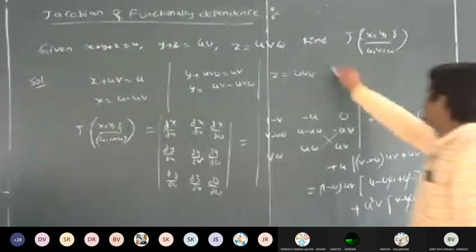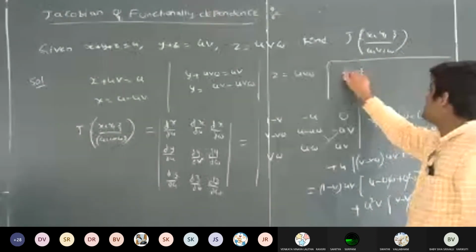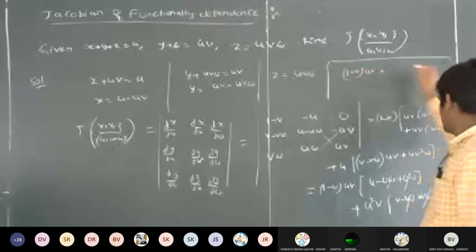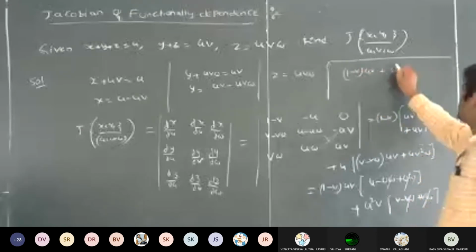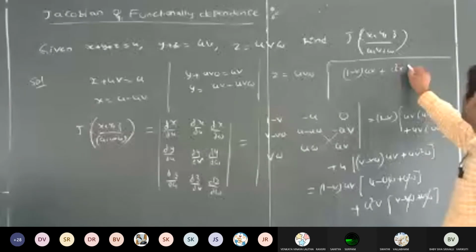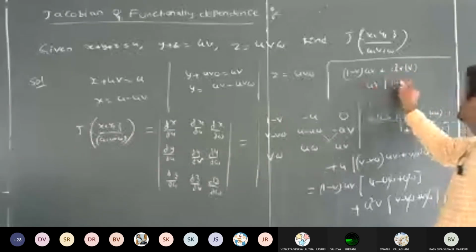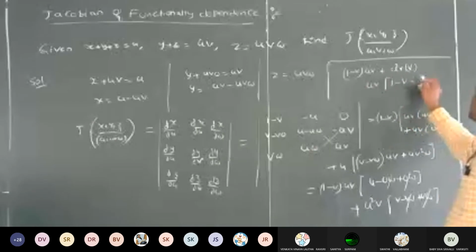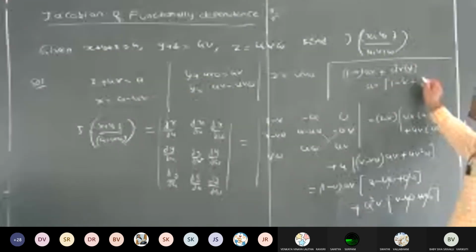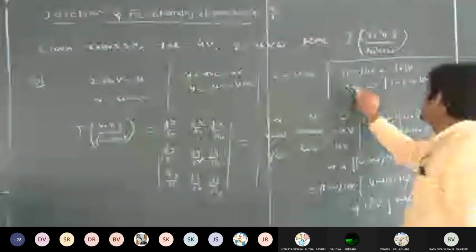So finally this is 1 minus v into uv plus u square v into v. Therefore take uv as common. It is 1 minus v plus uv. So this is the Jacobian value.